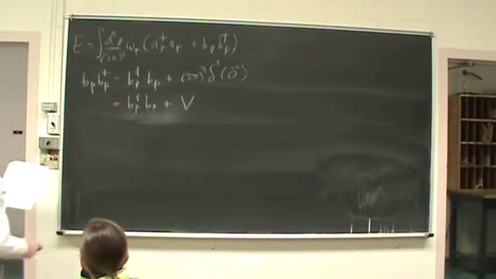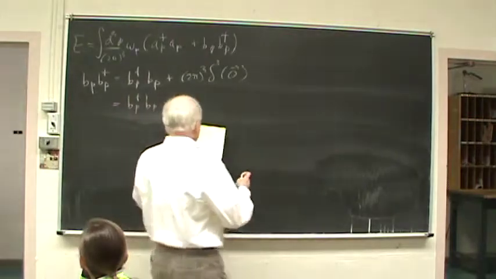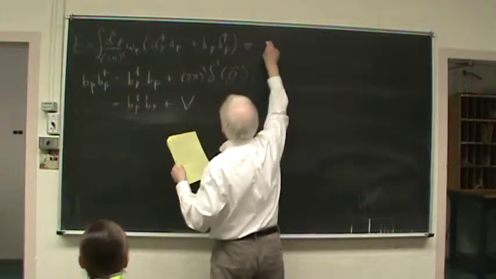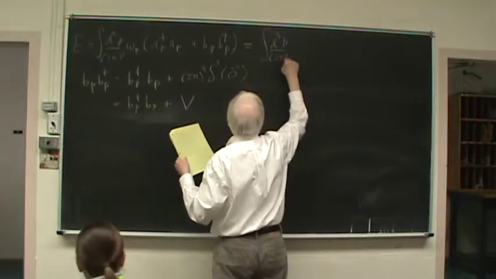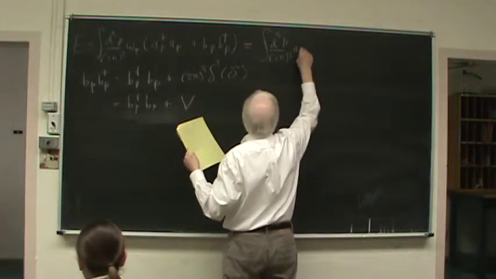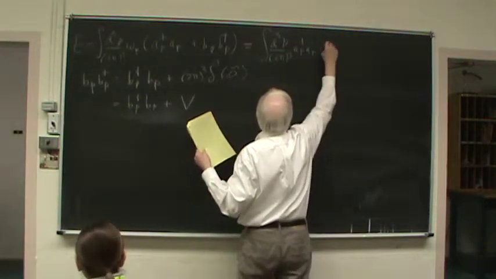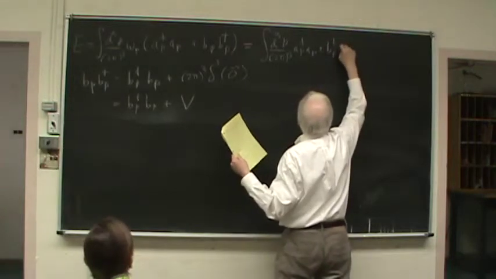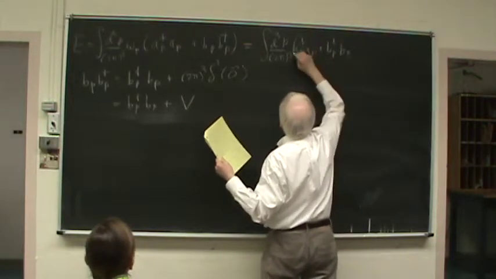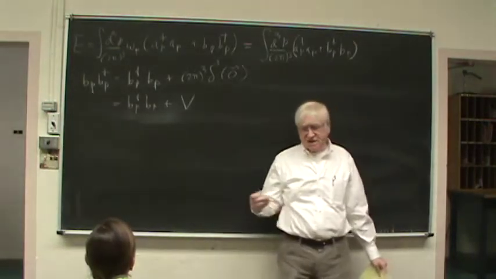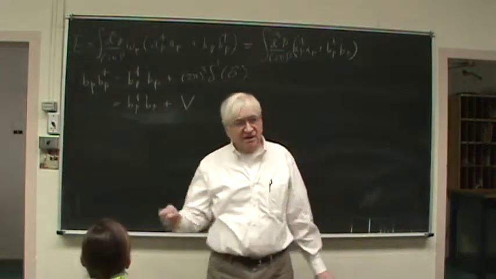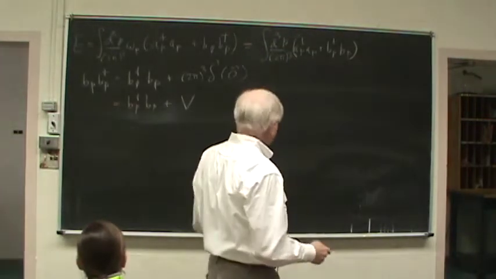And so what we actually get is that this is equal to the integral d^3p over (2 pi)^3 of ap dagger ap plus bp dagger bp, and this just counts the number of quanta of each kind in each momentum.